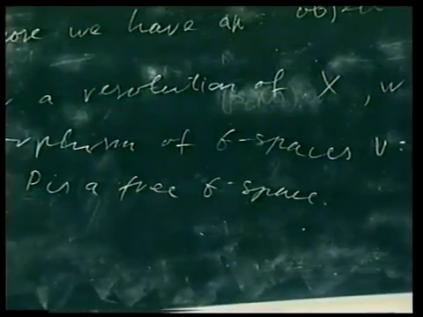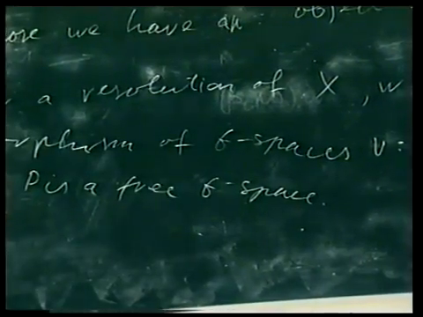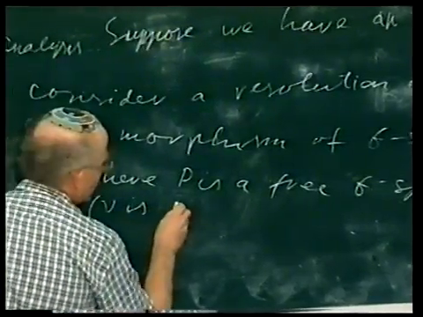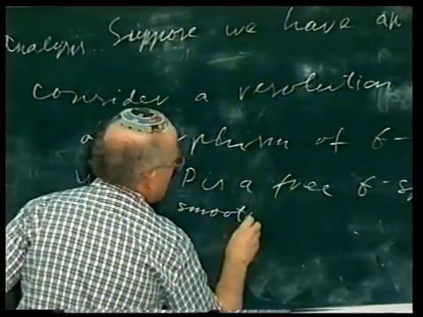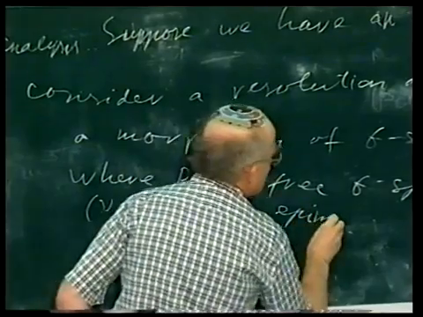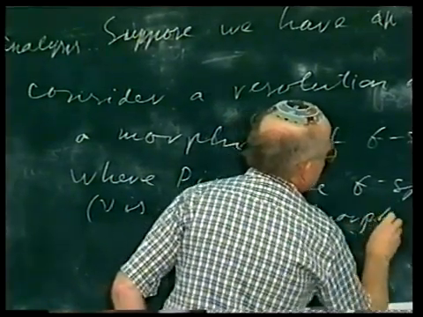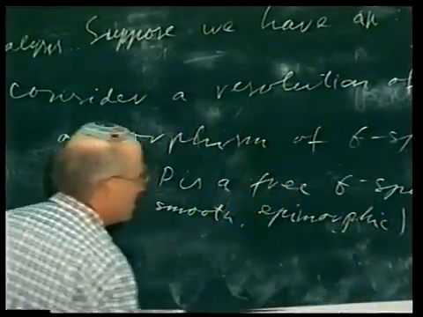We usually assume that mu is smooth, epimorphic, and some other nice properties.